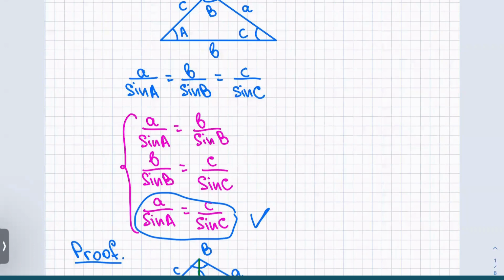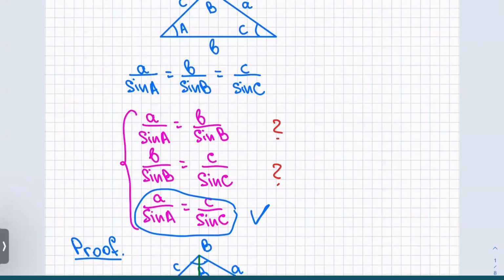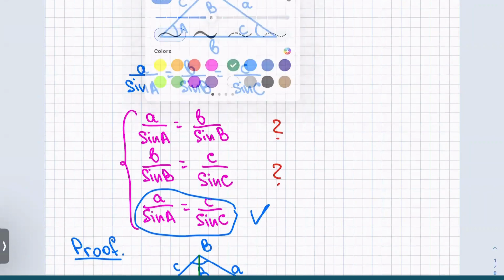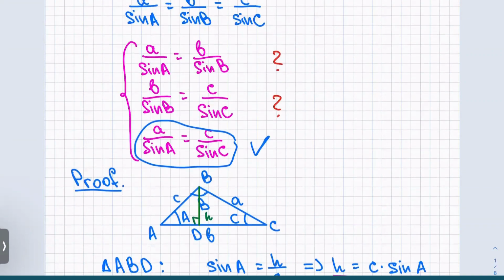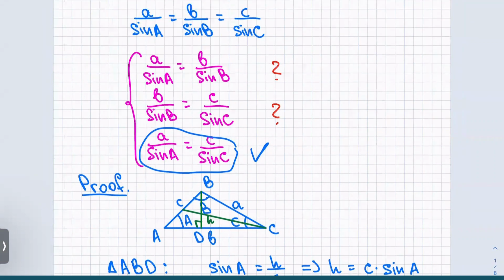And now how do you verify this equality and this equality? We just consider two other cases with drawing the height h in this triangle. So which two other cases remain? One case is that you can draw this height h from the vertex C to the opposite side c. This is the second.